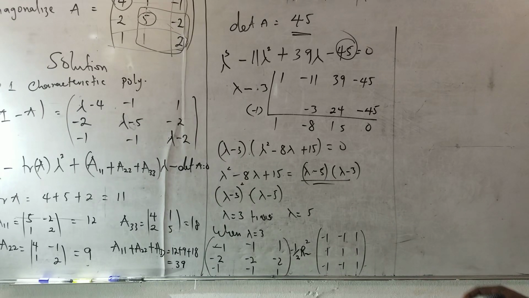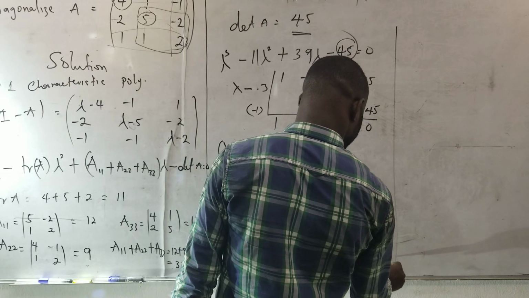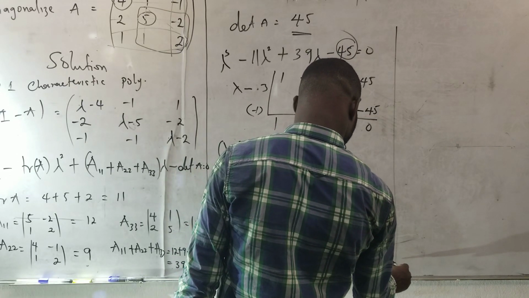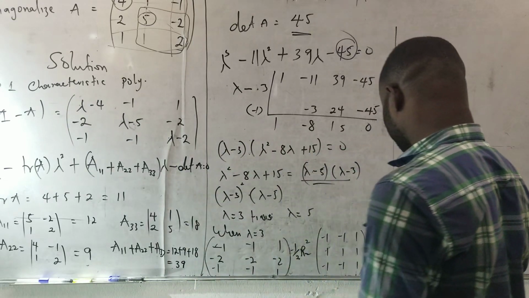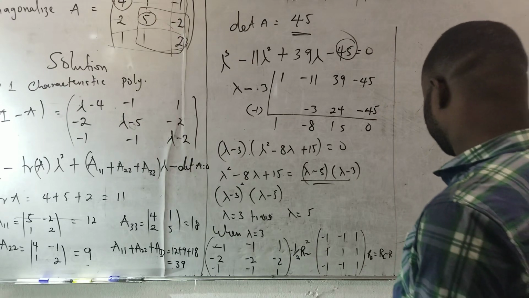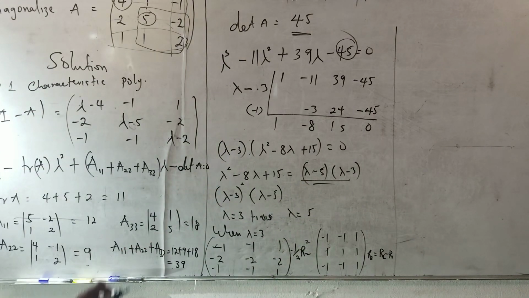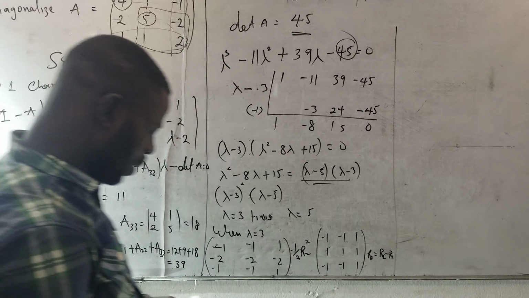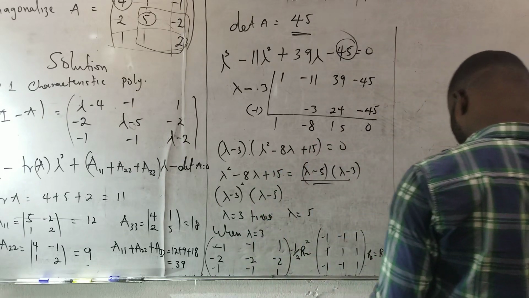By row reduction, row 2 equals row 2 plus row 1. What should we have? Now, when we have that, we will be having that when lambda is equal to 5.